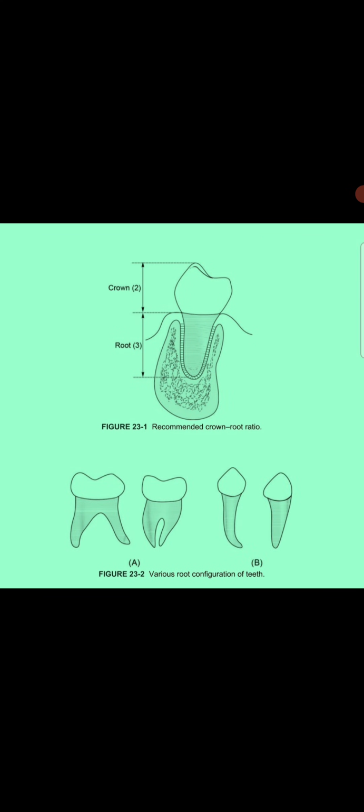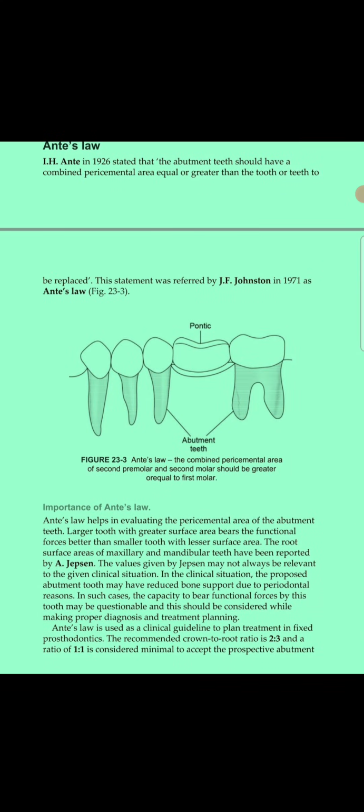For example, this is Ante's law. Look at figure 23.3. What does Ante's law say? Here we replace a first molar tooth, which is the missing tooth, with a pontic, and we use the first premolar and second molar as abutments, and to these teeth we give a retainer.